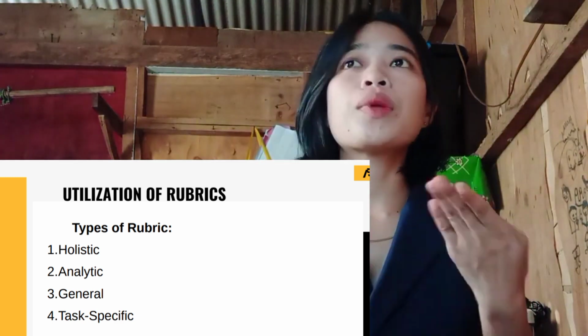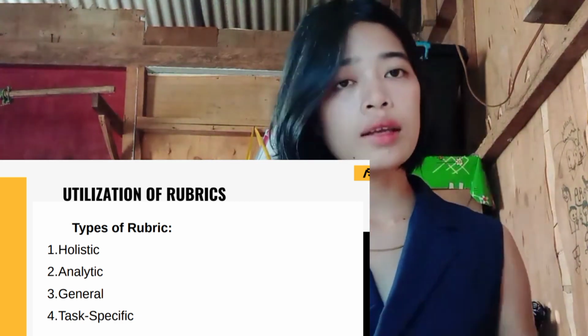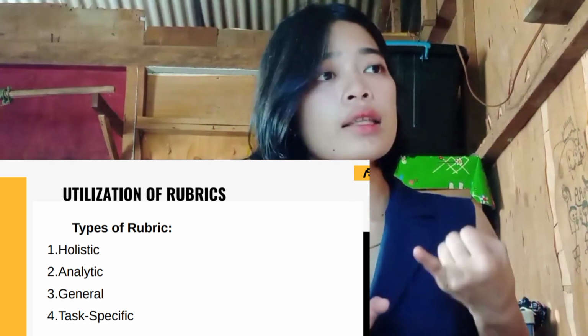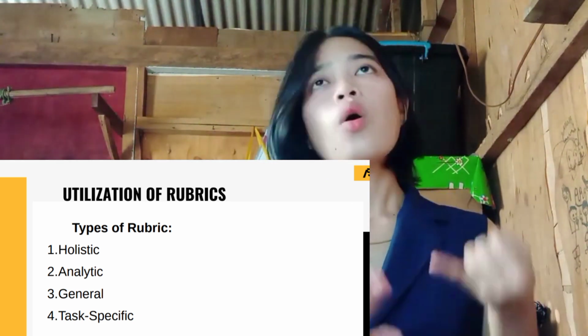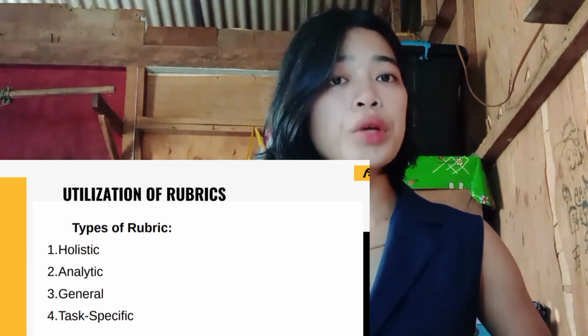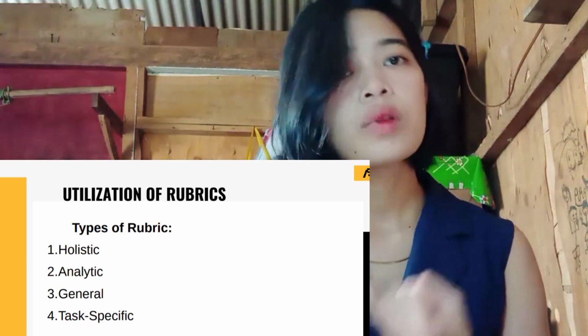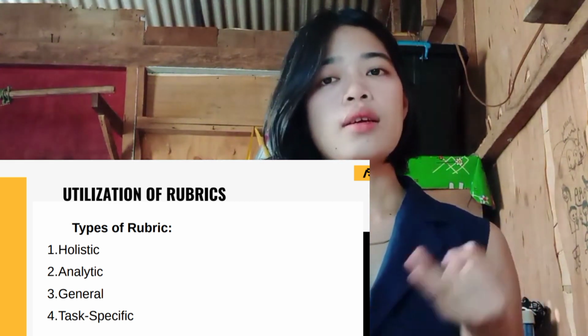The difference between the holistic and analytic is that holistic rubrics are time saving and easier to grade, while analytic rubrics are time consuming and it is difficult to give grades.